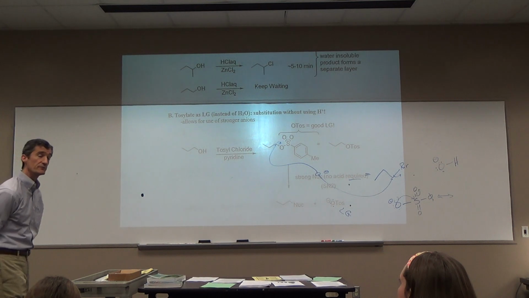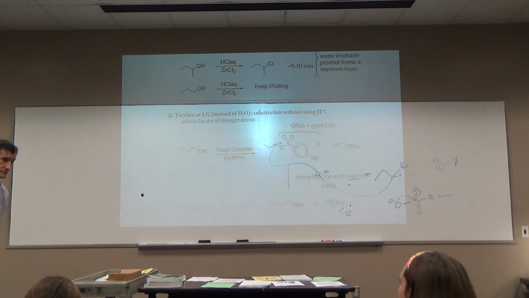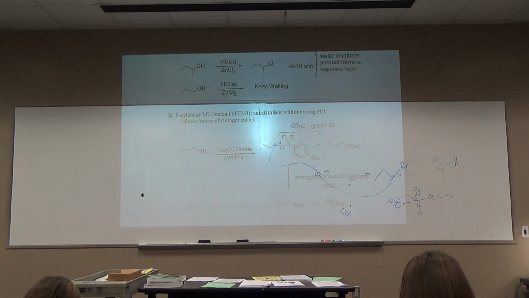Maybe you had some rate information to help you decide if it was SN1 or SN2. Remember, sometimes I told you that the nucleophile was involved in the rate determining step. Yes. If it's secondary, you're going to need a little bit more information, since it can be either. Primary, you're only going to do SN2. Tertiary, you're only going to do SN1. Secondary can be either. You've got to have a little bit more information supplied. Okay.